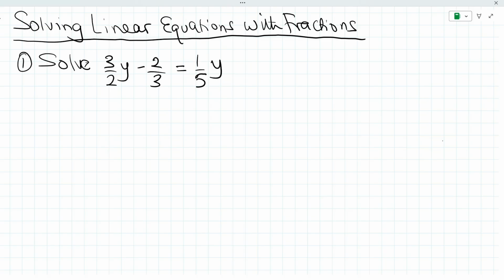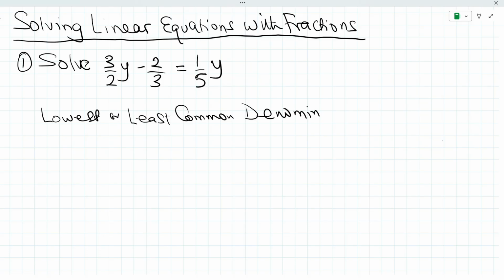What we do here, first of all, in order to get rid of our fractions, is find the lowest or least common denominator between all the values in the denominator of our equation.